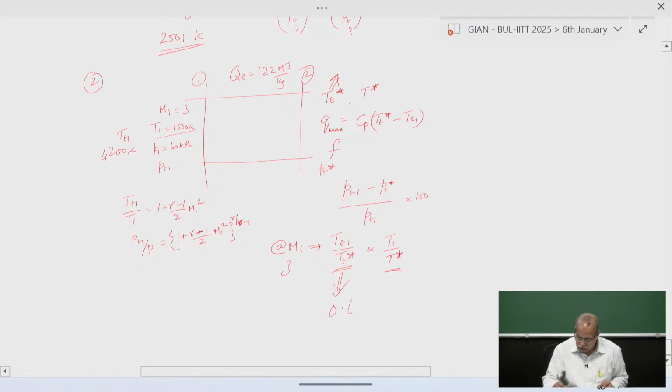What is this value? 0.6654. And what is this value from the tables at M3? 6422 Kelvin. 0.6. They're talking about TT star, yeah? What is 6422? TT star. Yeah.